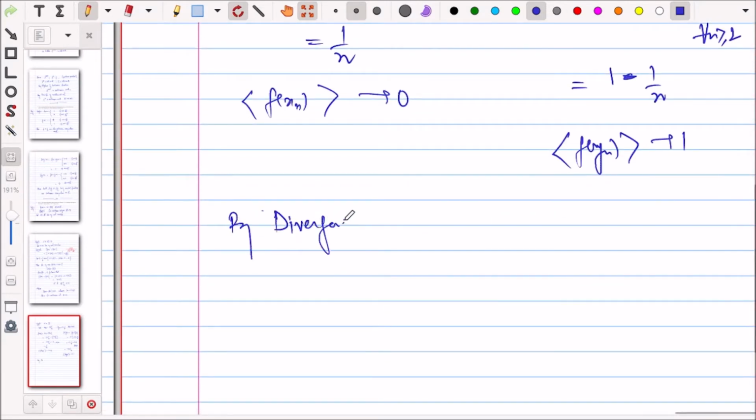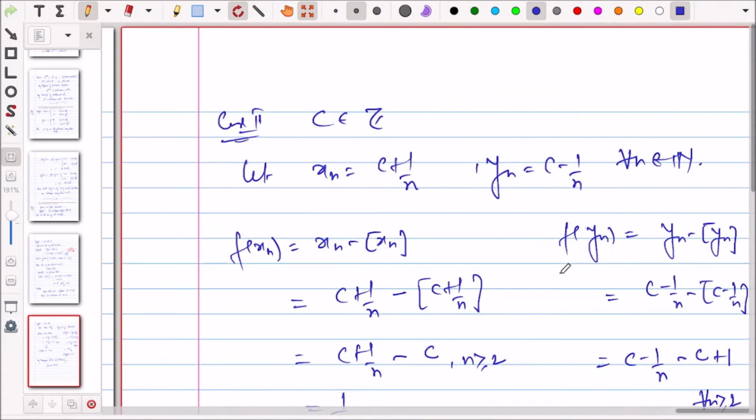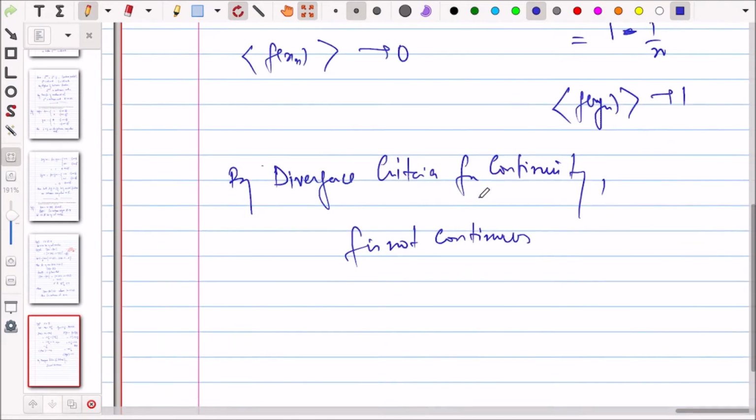So we have got two sequences, so by the divergence criteria for continuity, f is not continuous at c, because we are able to construct two sequences xn and yn both converging to c, but their corresponding sequences f of xn and f of yn converge to different limits.